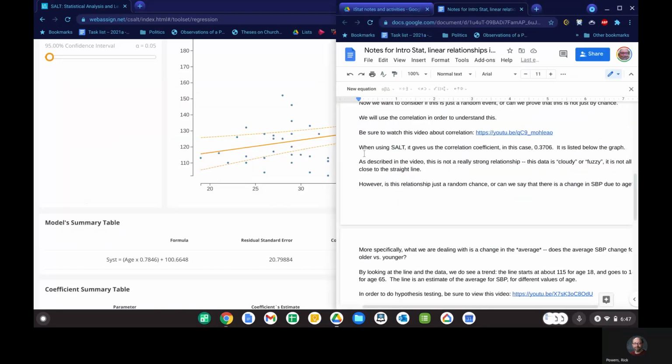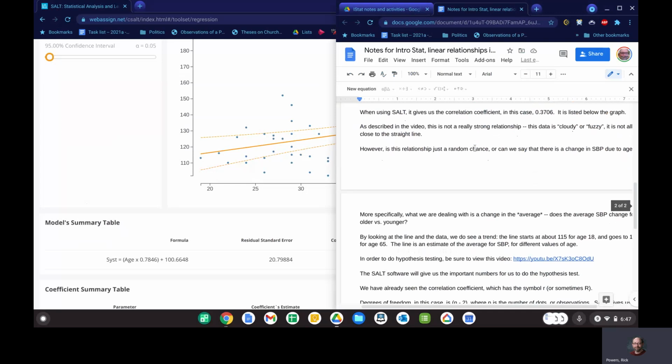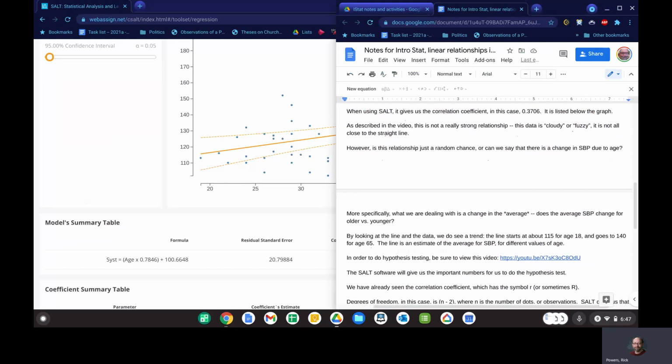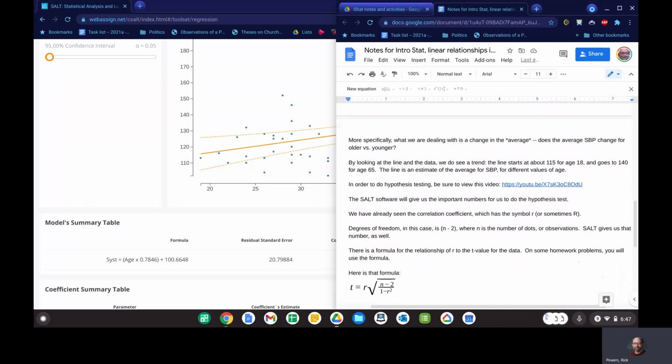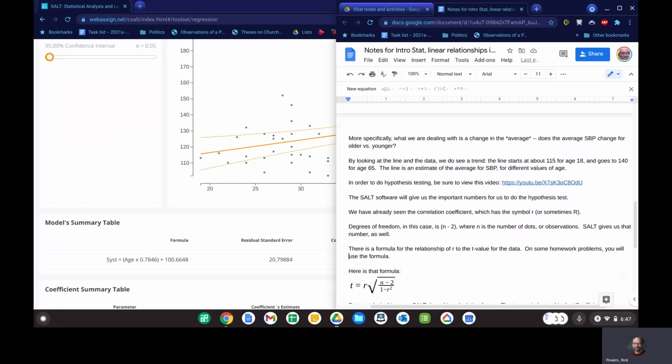However, is the relationship just a random chance, or can we say that there is a change in systolic blood pressure due to age? More specifically, what we are dealing with is a change in the average. Does the average systolic blood pressure change for older versus younger? By looking at the line and the data, we do see a trend.